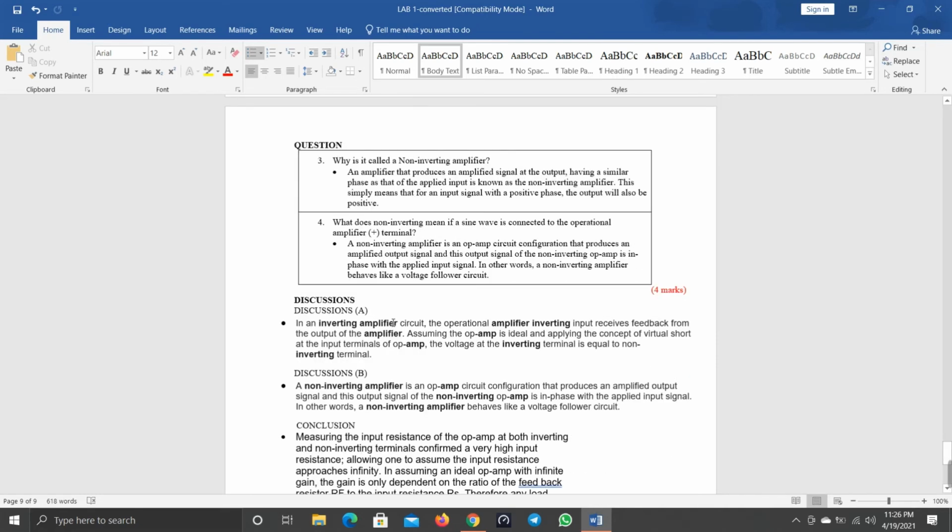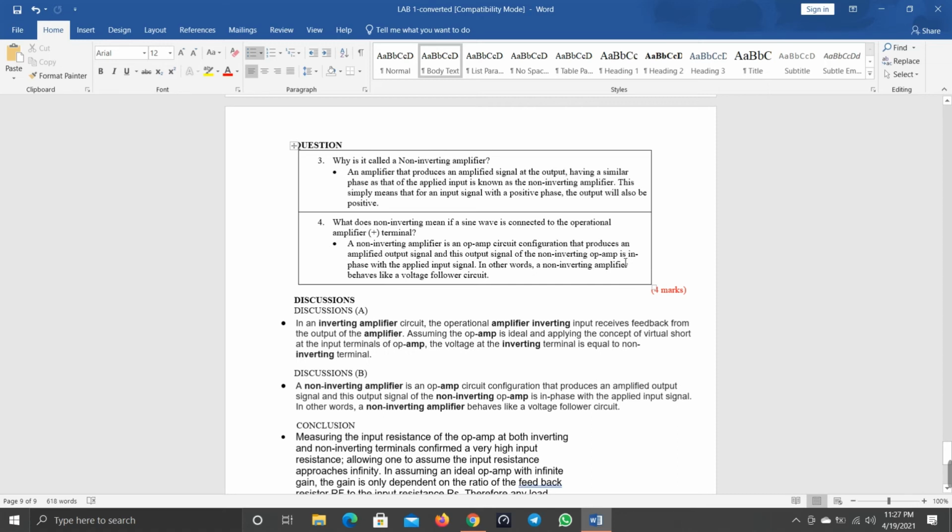A non-inverting amplifier is an op-amp circuit configuration that produces an amplified output signal, and this output signal of the non-inverting operational amplifier is in phase with the applied input signal.